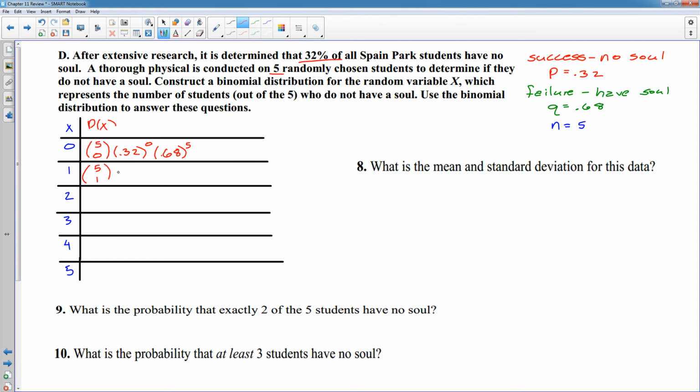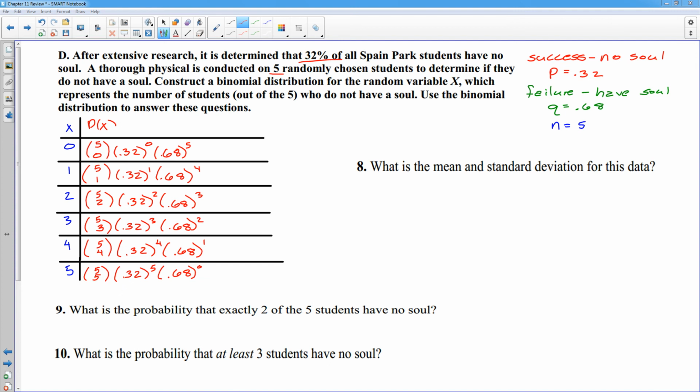That means 1 is now successful, so 0.32 to the first, and then that means 4 of the 5 would not be successful. They'd be in the soul possession group. Alright, then 5 choose 2. I need 2 to be successful, so 32% squared times 68% to the 3rd power, and then we'll continue for the other 3. There we go.